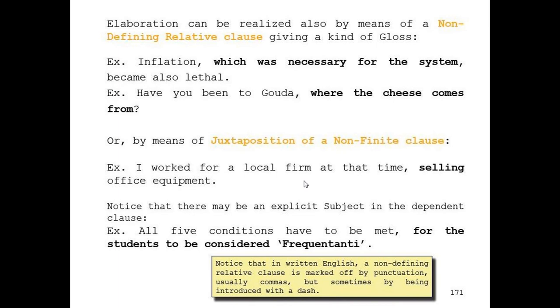And one other key way in which you can have elaboration is by means of non-defining relative clauses. Now, if you've read some of the materials that are already online in the PDFs, and also if you've flipped through the textbook by Maria Freddi, you will have noticed that the other main kind of relative clauses, defining relative clauses, are embedded clauses.